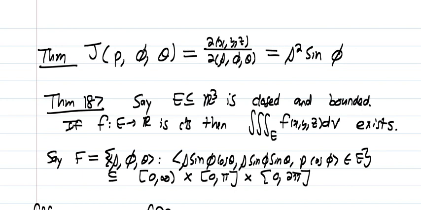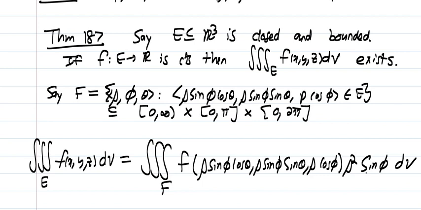And now we can state the transformation theorem for going from rectangular coordinates to spherical coordinates. So say E is a subset of R3 and it's closed and bounded, and let f be a nice function. In this sense, we want f to be a map from E to R that is continuous. Then the triple integral of f over E does exist.